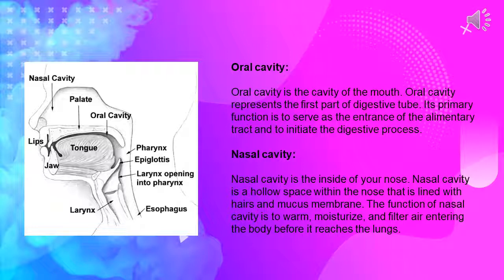Sounds produced with the velum not blocking the airstream through the nose are called nasal sounds. The examples of nasal sounds are the sound m in the word mouth, the sound n in the word near, and the sound ng in the word wrong.